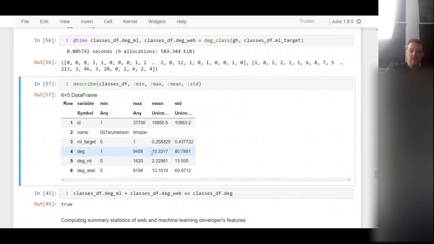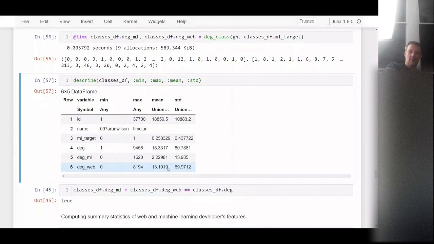Okay, so first of all, we see that on the average, each developer has 15 neighbors. But out of those 15 neighbors, on the average, only 2 are machine learning neighbors and 13 are web neighbors. So indeed, as you predicted, there is a big imbalance. On the average, I expect to have only a few machine learning friends and a lot of web friends.